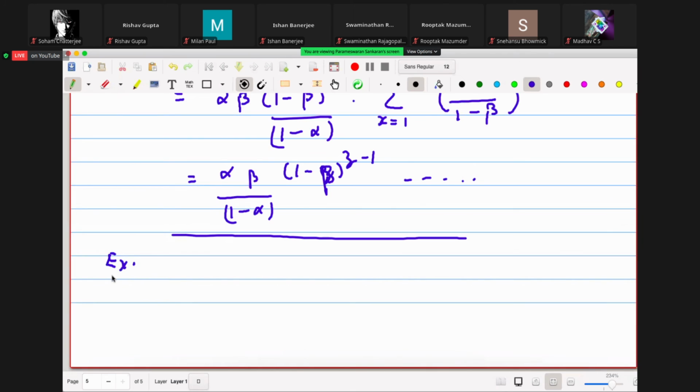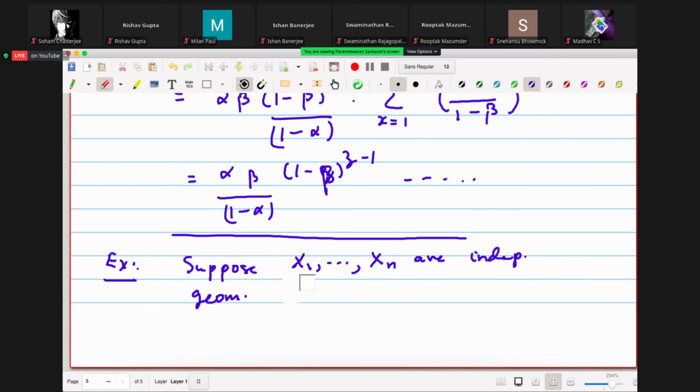So, which is an exercise. Suppose that X1, ..., Xn are independent geometric random variables with the same parameter p.